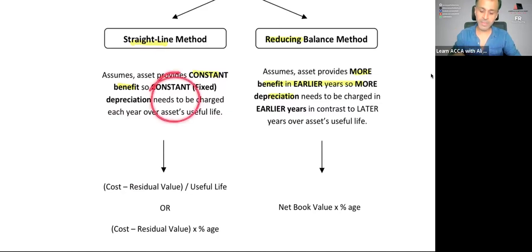So both are applicable depending upon the nature of the asset, but reducing balance is more applicable to those assets that tend to deteriorate, either physically or technologically, like electronic devices, cell phones, laptops, all those gadgets. Every new year, the new version of that cell phone comes in.